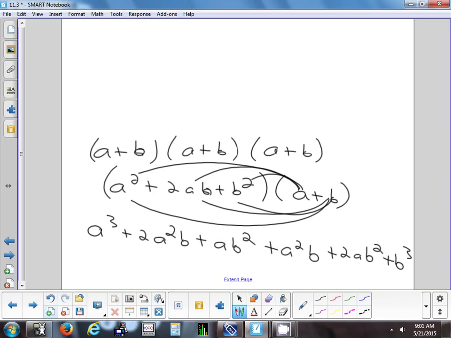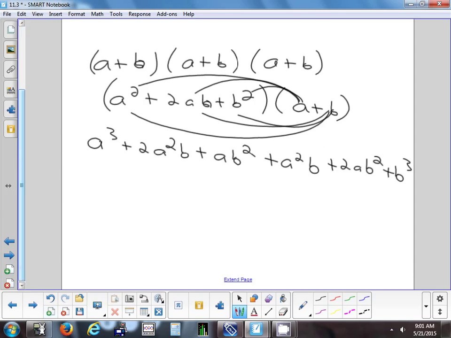Anybody see any like terms there? I think there's at least a couple. It's kind of hard because there's all a's and b's and they're all almost the same. Yep. A squared b and 2a squared b. Yep, we can combine that together.